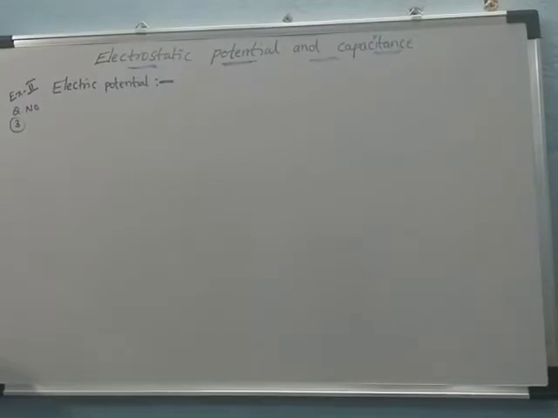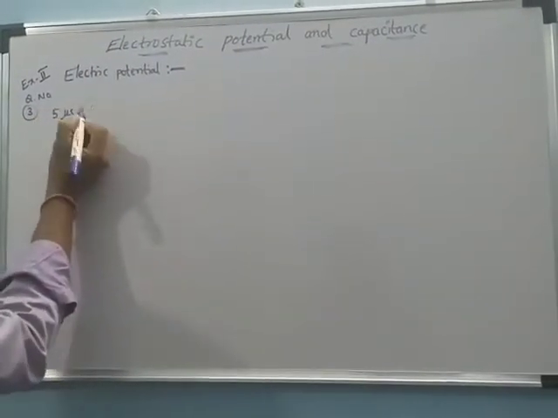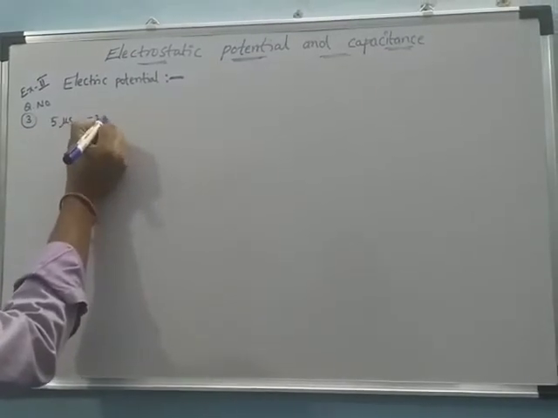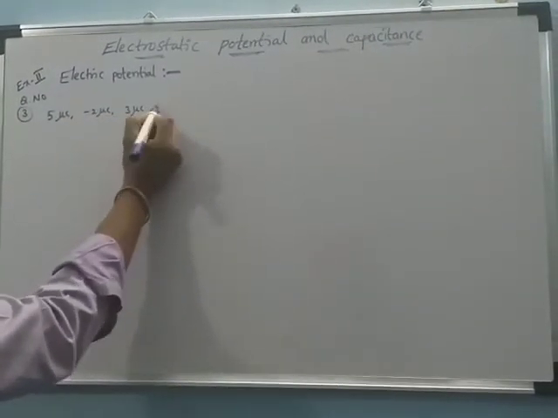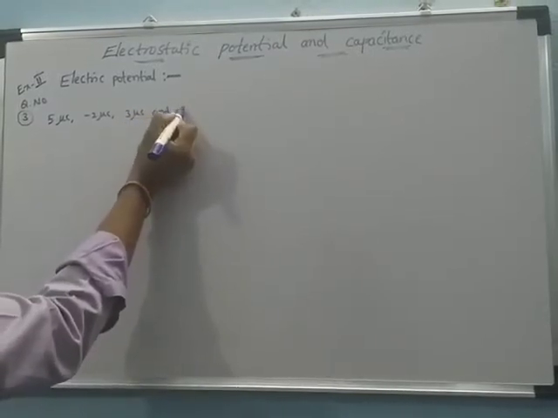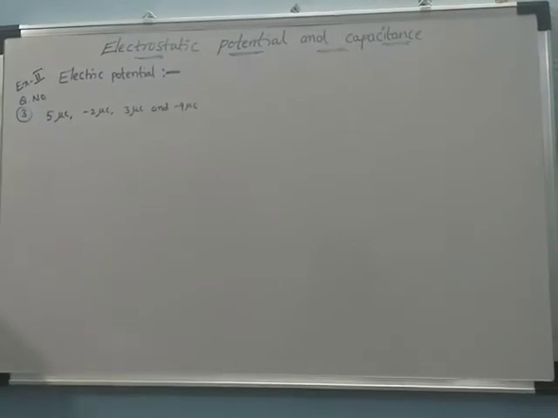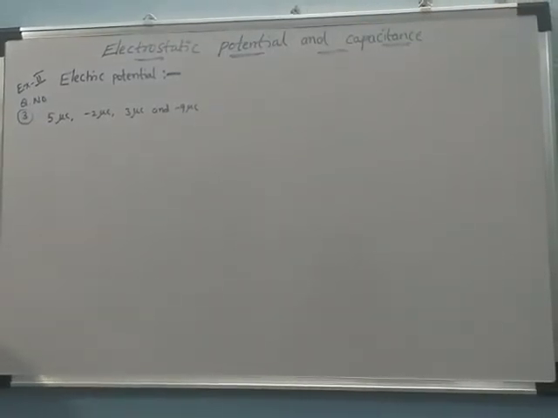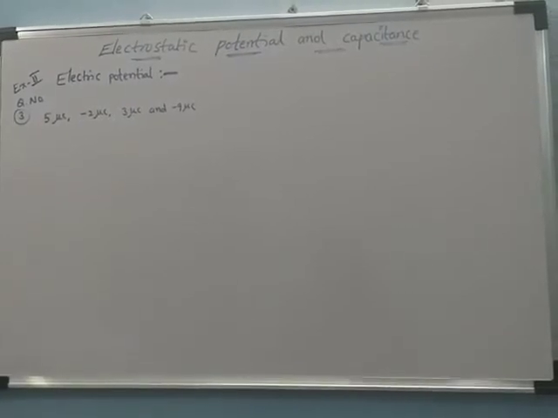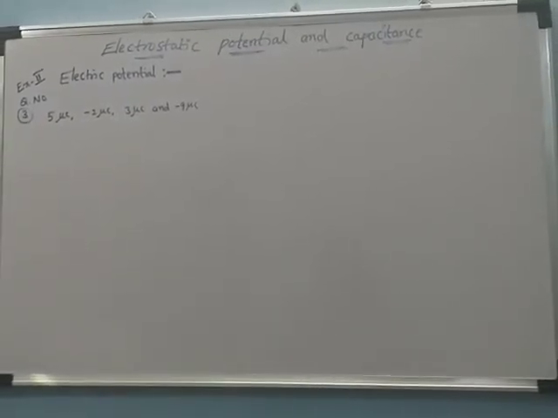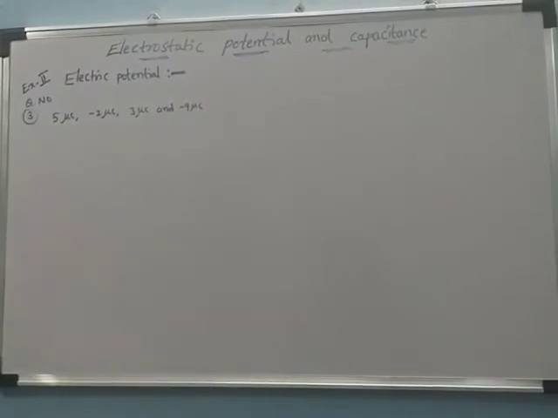See question number 3. The charges 5 microcoulomb, minus 2 microcoulomb, 3 microcoulomb and minus 9 microcoulomb are placed at the corners A, B, C, D of a square of side 1 meter. Find the net electric potential at the center of the square.